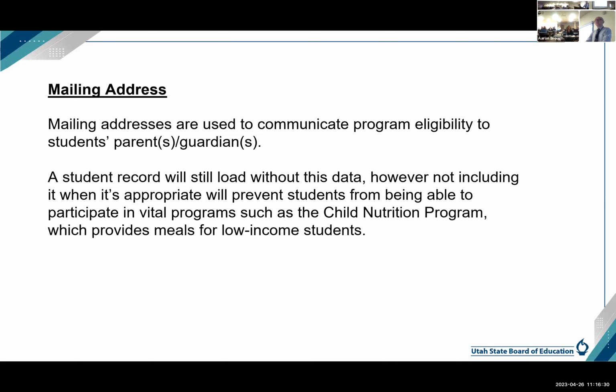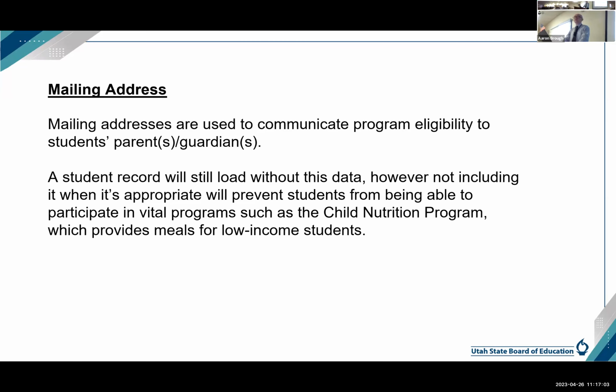The mailing addresses help us communicate with the student's parent or guardian. If we don't have that mailing address, we can't reach out with those communications. And specifically, if we don't have the physical address, then we're in even less likelihood to be able to reach them. So the validity of that data is important, even though, as I said, we don't do a whole lot of restriction on that.